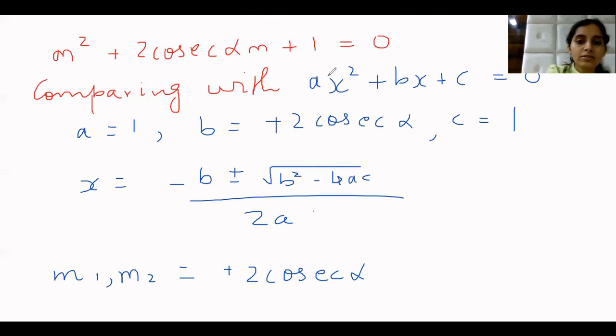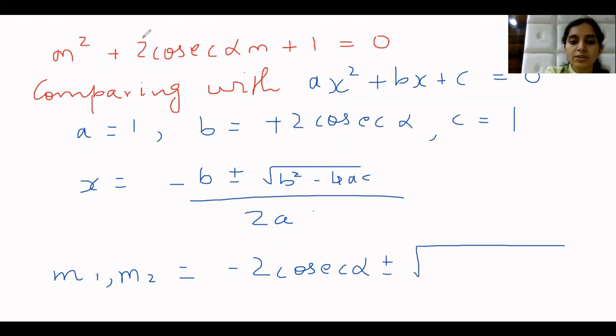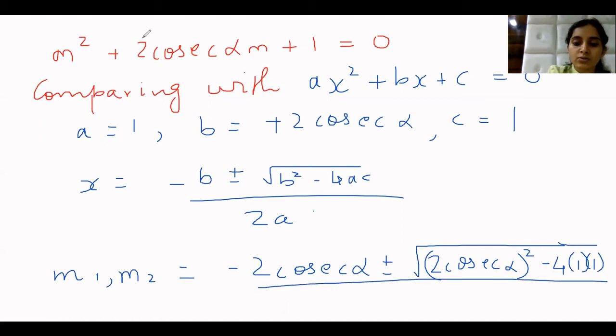Okay, now let us substitute to get the two roots. So what are the two roots? Minus b, so 2 cosec alpha, plus minus under root of b square, so that is 2 cosec alpha square, minus 4, a and c are 1, divided by 2a, and a is 1.